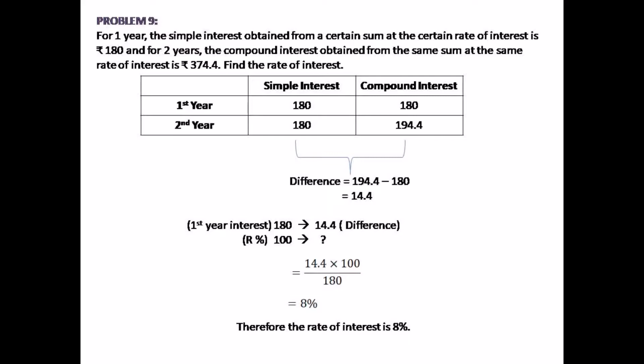By subtracting 194.4 and 180, we get difference as 14.4. We have to find the rate. If 180 gives 14.4, then 100 gives what? On cross multiplying, we get 14.4 into 100, divided by 180, gives 8%. Therefore the rate of interest is 8%.